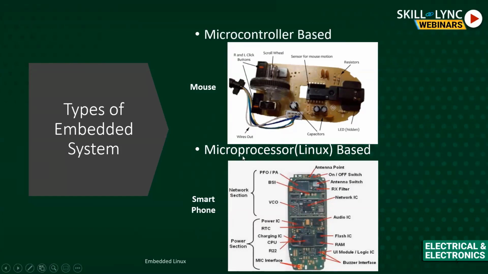So when we come to the microprocessor based system, then definitely we need some kind of operating system running on that. So can we install Windows operating system and run it? No, we can't, because it's proprietary, and the limitation is if you purchase the Windows operating system, then again we can't customize it as per our requirement.